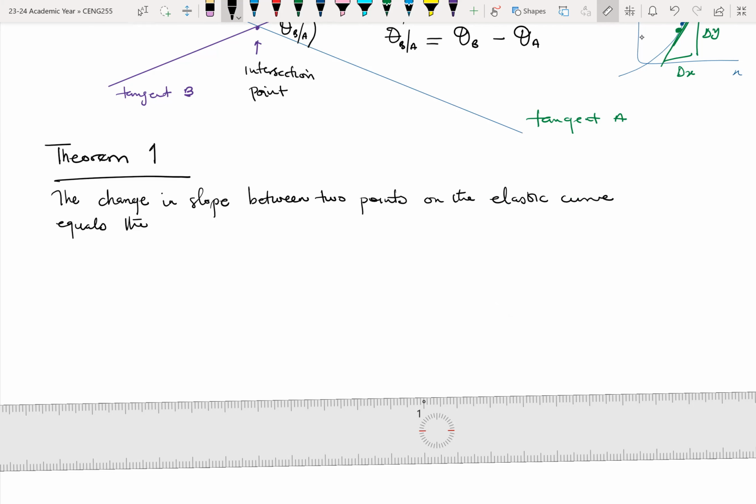Equals the area of the M over EI diagram between these two points.